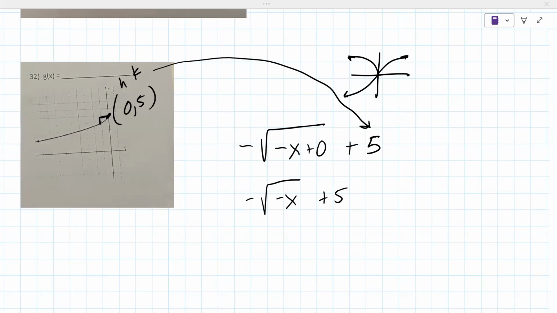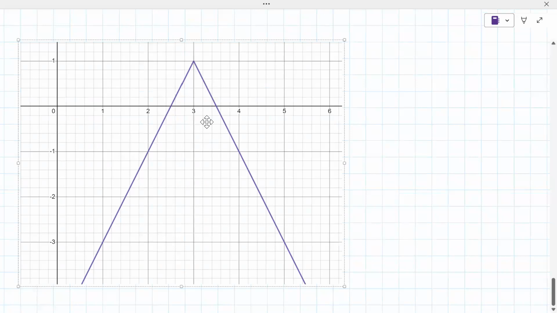Okay. I'll zoom in on it. Okay, here we go. All right, so this has an A that is not one, or negative one either. It's more complicated.